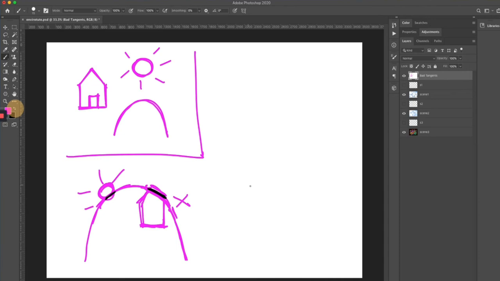So a much better way of doing that is to do the hill, do your house, do some lines that intersect each other, but there's still plenty of space in here.